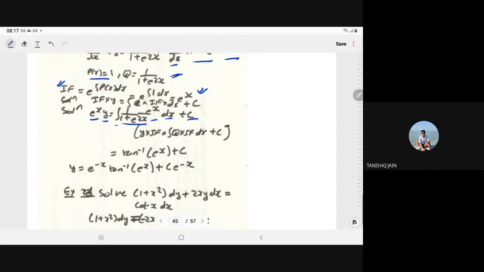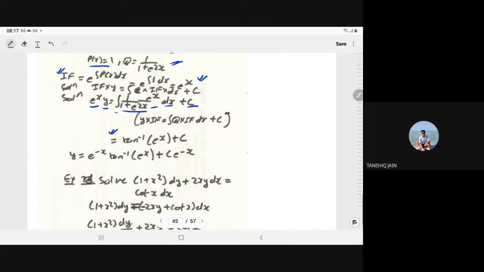So if you assume e to power x as t, it will become dt upon 1 plus t square. So its integral is tan inverse t, and then it will be tan inverse e to power x. So here the integral will be tan inverse e to power x plus c.